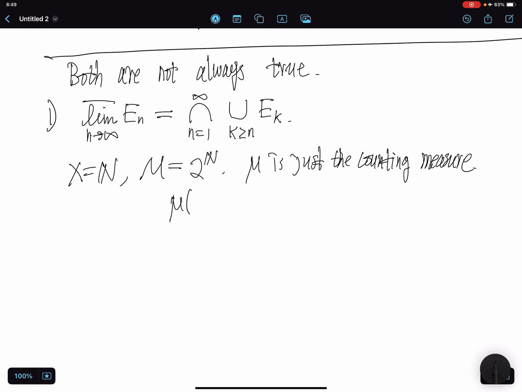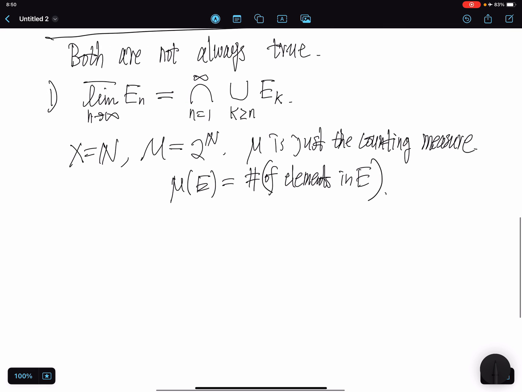So mu of any set E is equal to the number of elements in E.